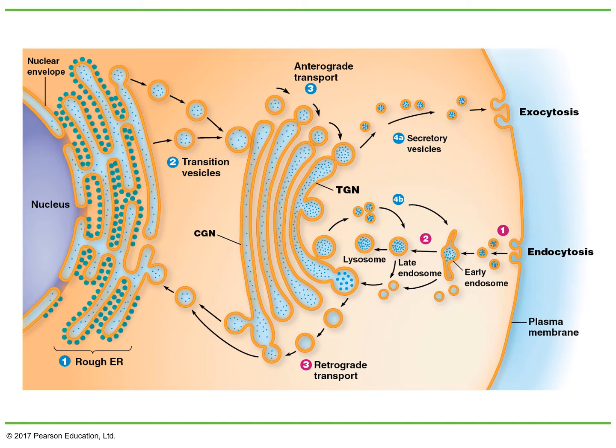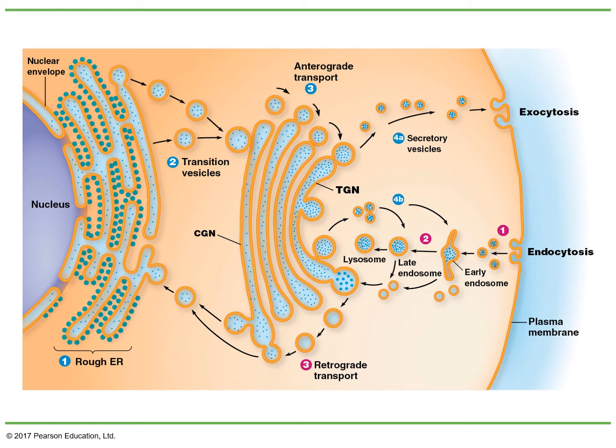This figure shows the trafficking through the endomembrane system. Vesicles carry lipids and proteins along several routes from the ER through the Golgi complex to various destinations, including the secretory vesicles, endosomes, and the lysosomes.